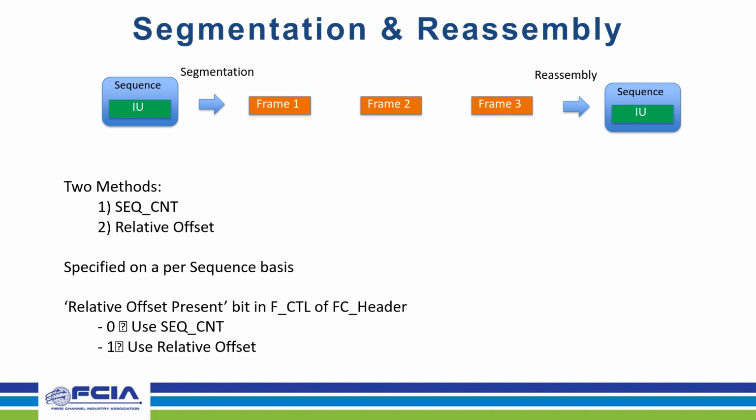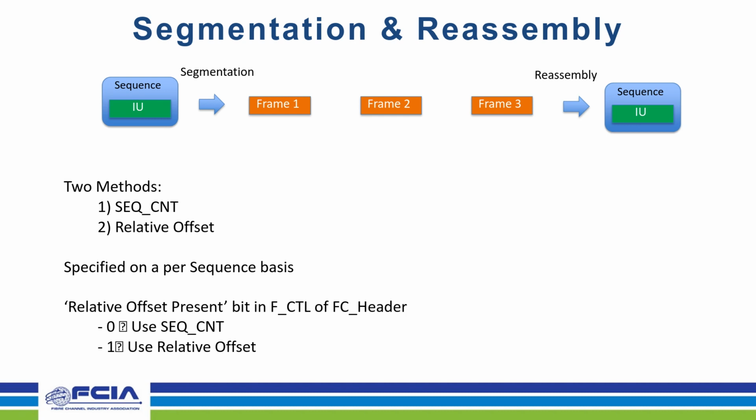As Dave mentioned, but reinforcing here, the method specified can be on a sequence basis or on an exchange basis. Which you're going to use, relative offset or sequence count, is based on the setting of the relative offset present bit in the F_CTL field in the header.